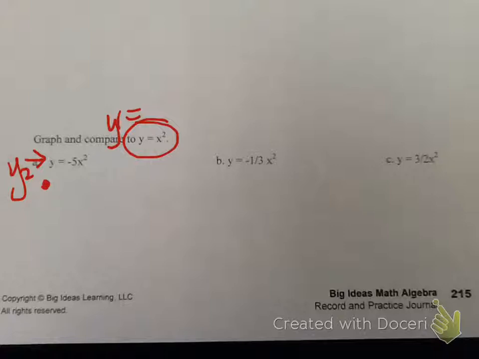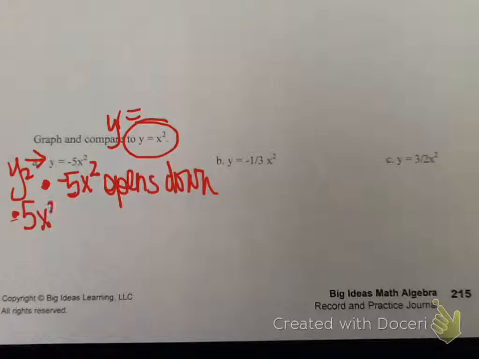And so once again, the things that you'll notice about your graph are that -5x squared opens down. The next thing is that -5x squared is narrower.